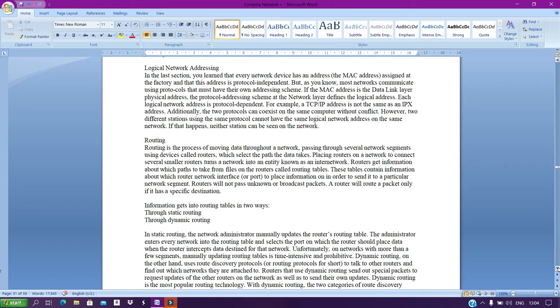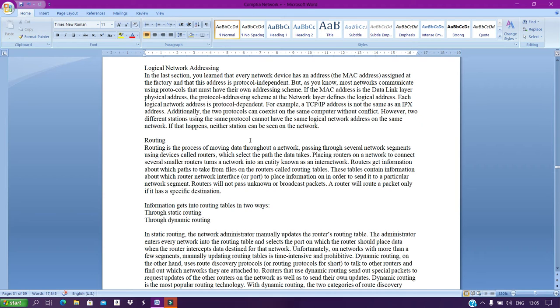If the MAC address is the data link layer physical address, the protocol addressing scheme at the network layer defines the logical address. Each logical network address is protocol dependent. For example, a TCP/IP address is not the same as an IPX address.